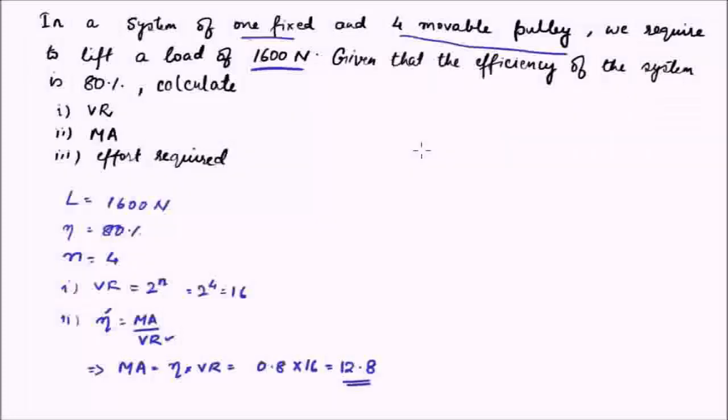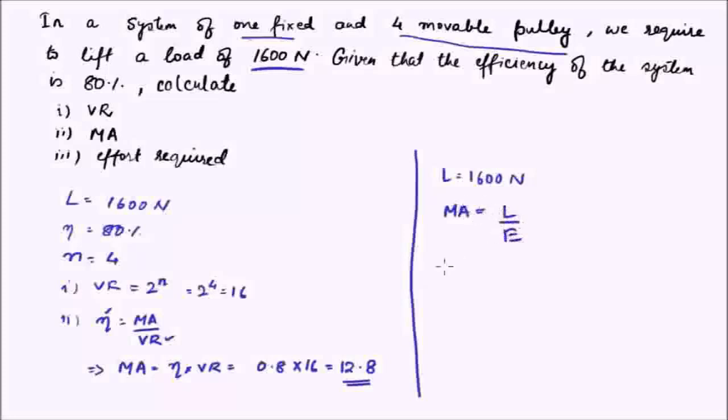Now the final part asks us to find the effort required. We know that the load is 1600 newton. Mechanical advantage is defined as the load upon the effort. This is the basic definition of mechanical advantage.